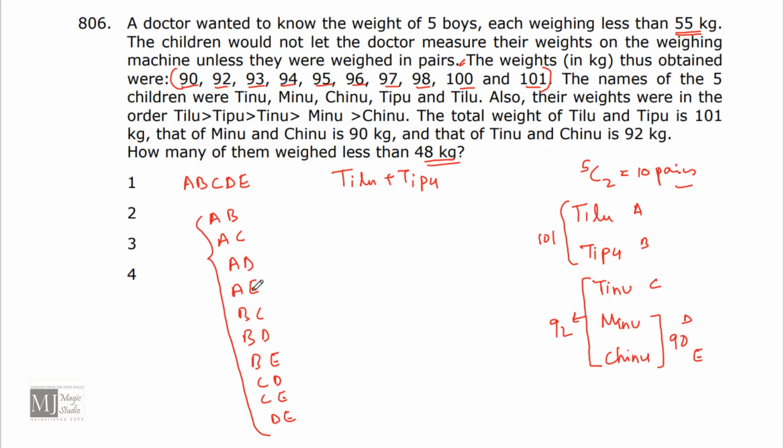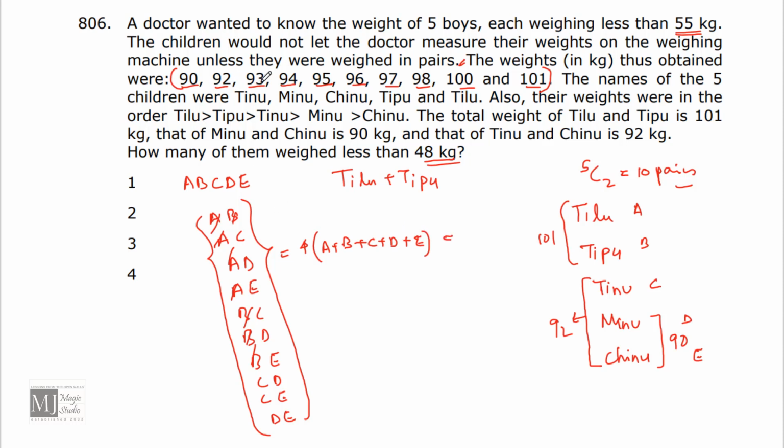In each pair, if we add up their weights, any alphabet is coming 4 times. That means if I add all these 10, I'll actually get 4 times A plus B plus C plus D plus E.